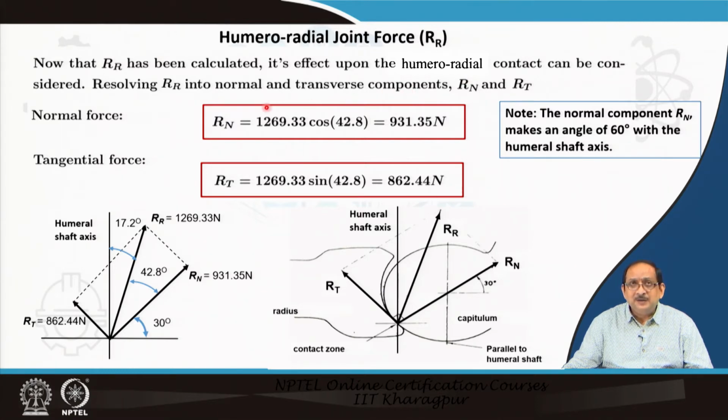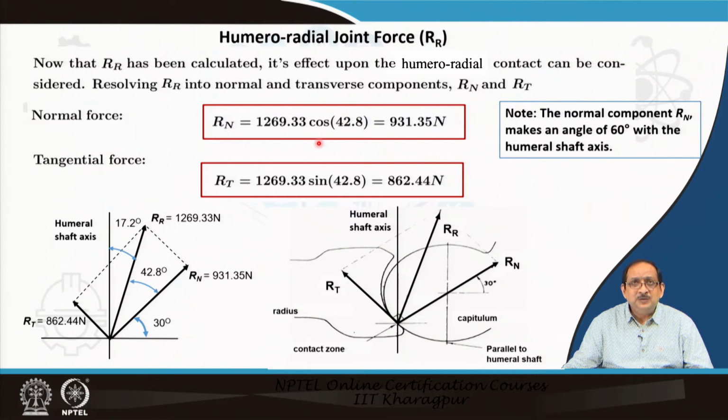Resolving RR into normal and transverse components, RR can be resolved into the normal component Rn and RT, the transverse or tangential component. We can find out the normal and the transverse or tangential force as indicated in the slide.